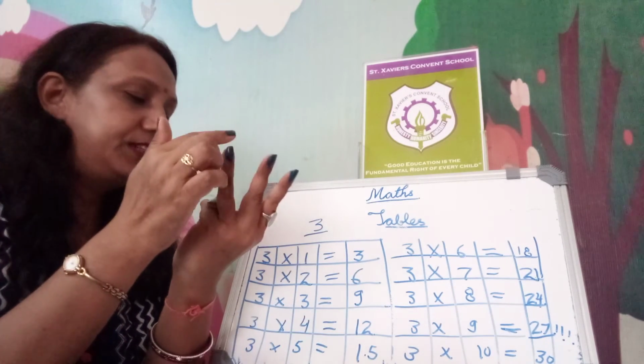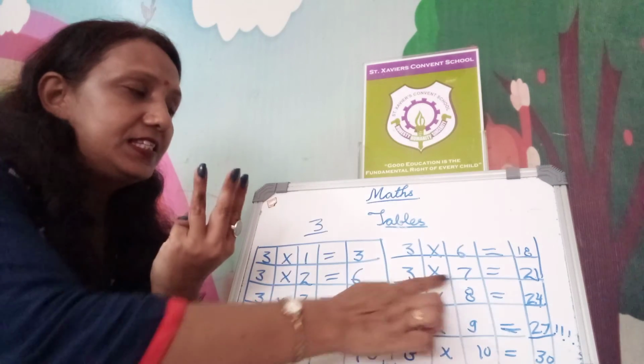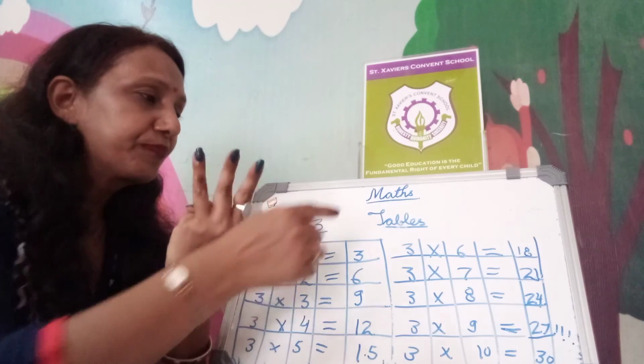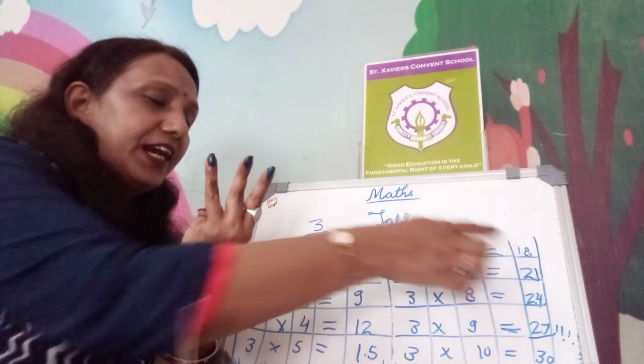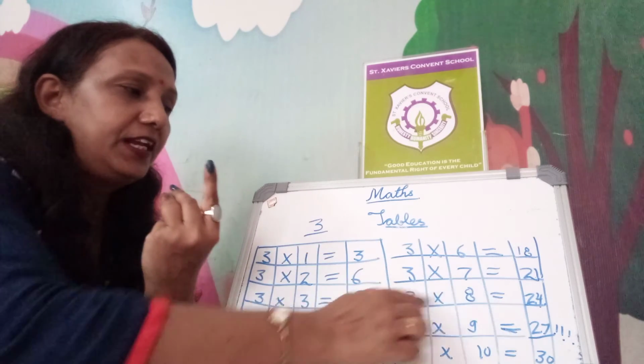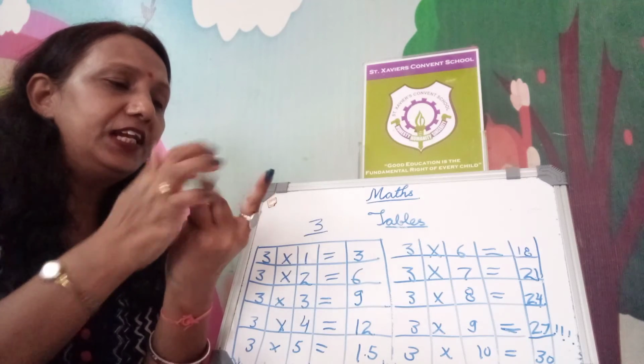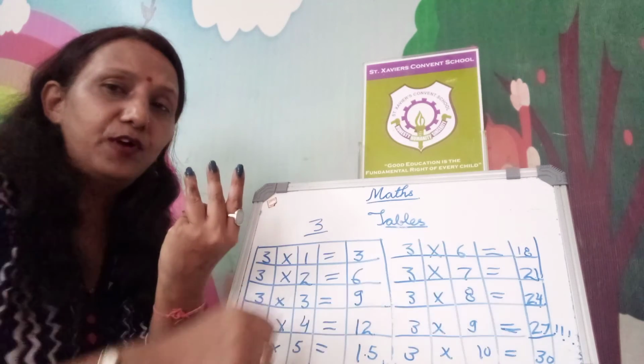15 16 17 18. 3 6s are 18. 3 7s are, 3 more. After 18: 19 20 21. 3 7s are 21. 3 8s are, 3 more. 21 22 23 24. 3 8s are 24.